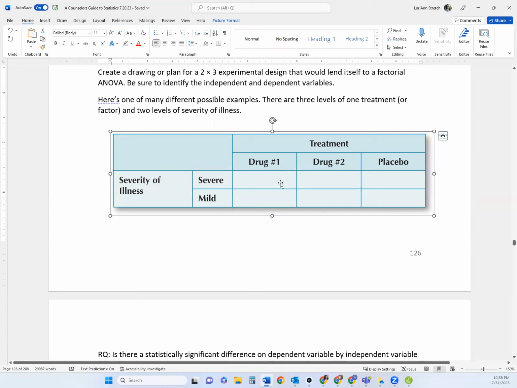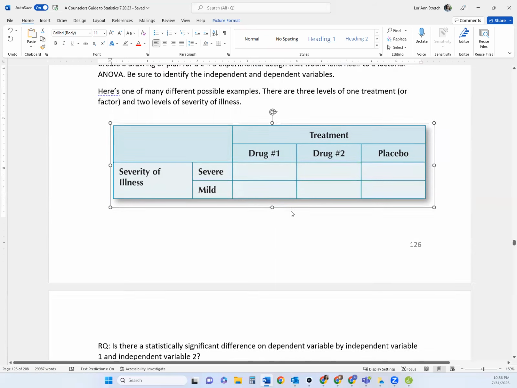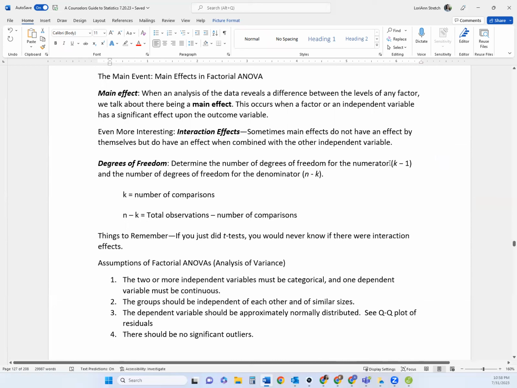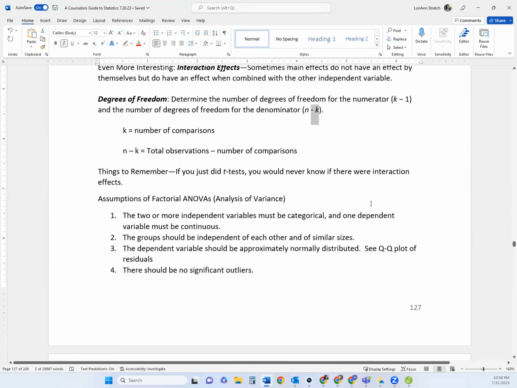So there's literally 6 groups of people that cannot be in more than one group that we're comparing. These are also called observations. So for our numerator, K is the number of observations minus 1, whereas the denominator of our degree of freedom, or second number in our degree of freedom, is N, the sample size, minus the number of observations.